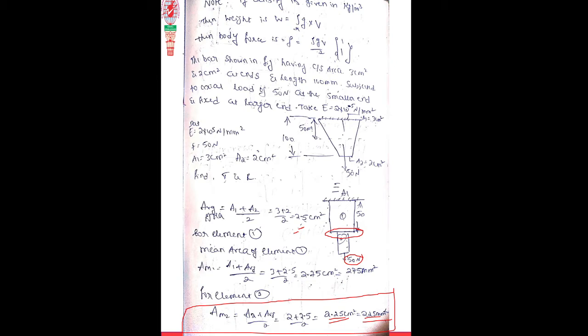K1 belongs to nodes 1 and 2. K2 belongs to nodes 2 and 3. Write the numbers, row number and column number, properly. Make it fast.